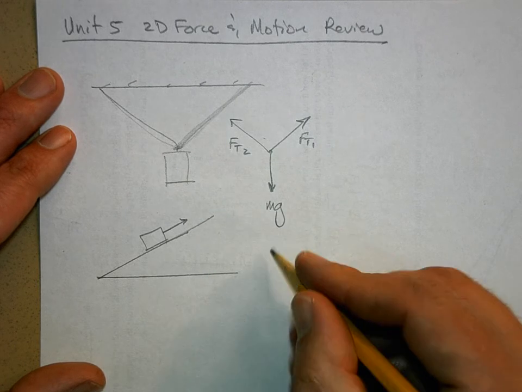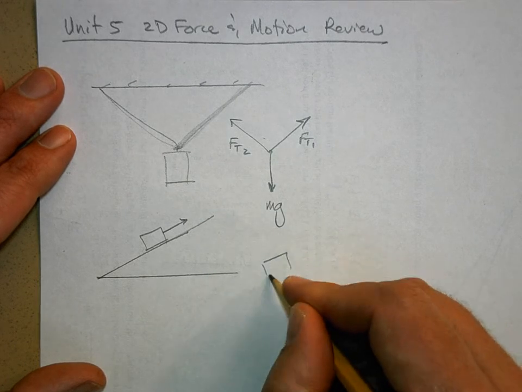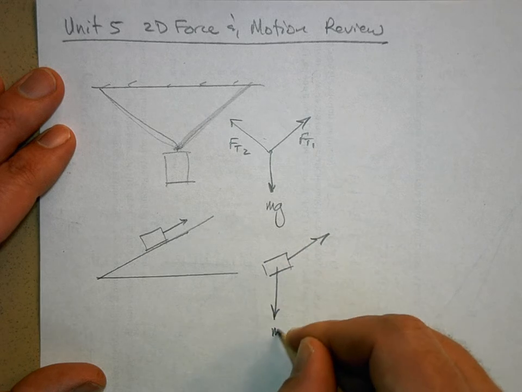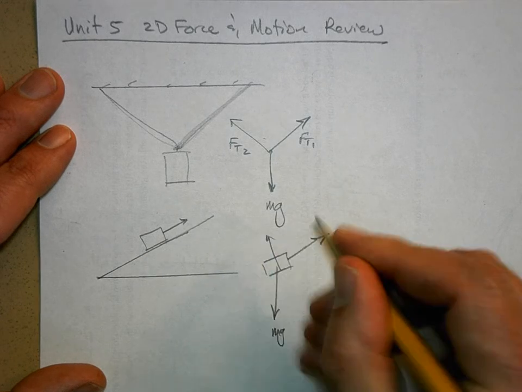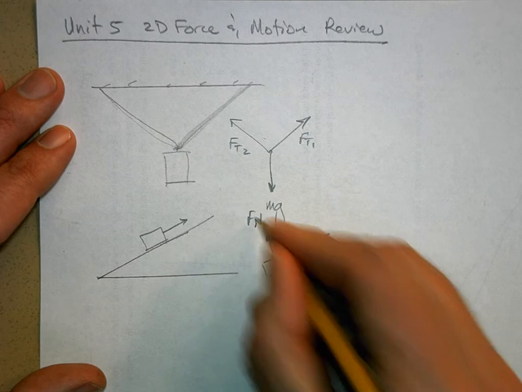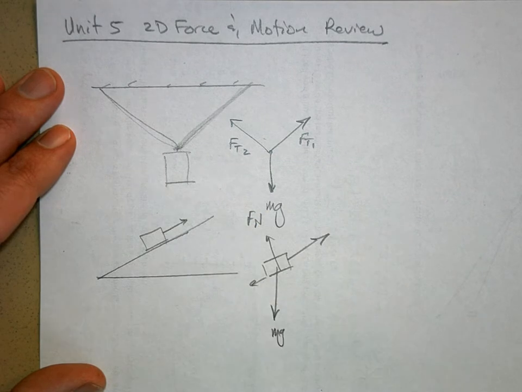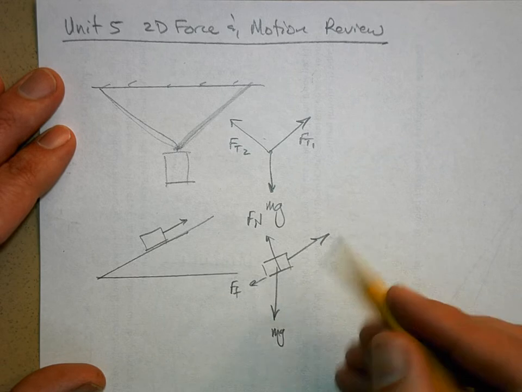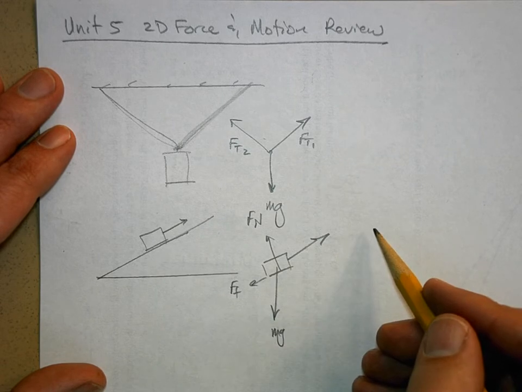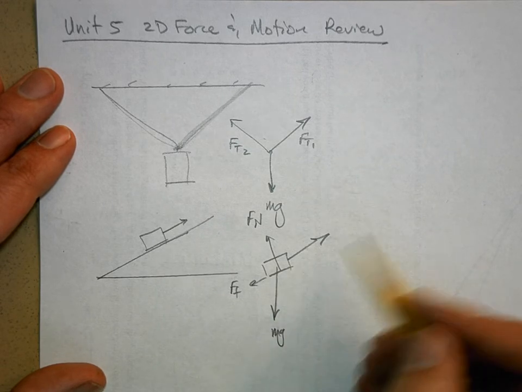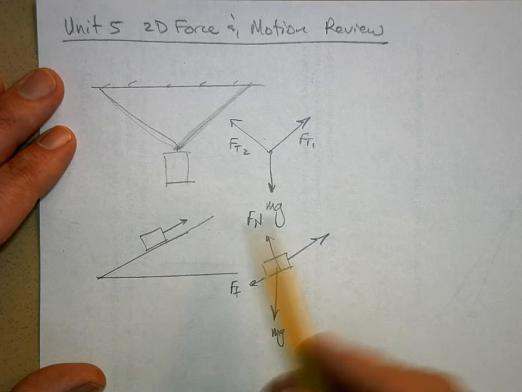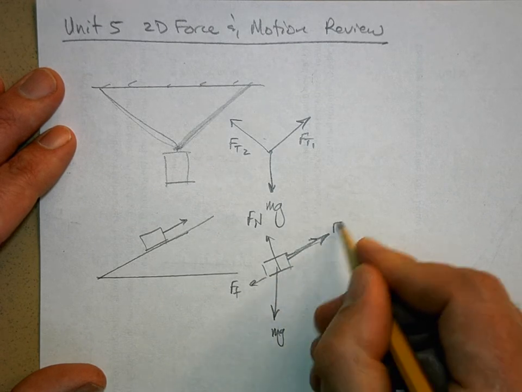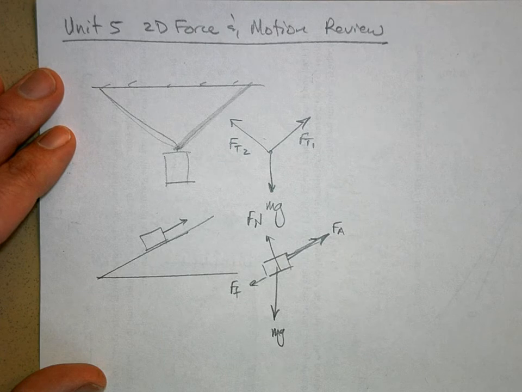If I draw a free body diagram for this guy, there's going to be mg going down, a normal force going up, and there might be a force of friction like this. Now if it's sliding down the incline, the force of friction will be pointed up the incline. So you got to be careful, not just go based on what I'm doing here. You got to keep it general.